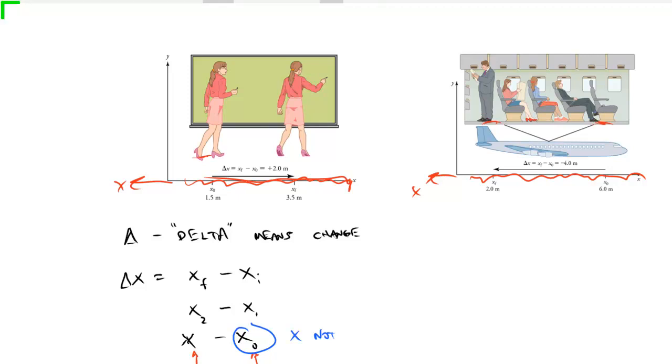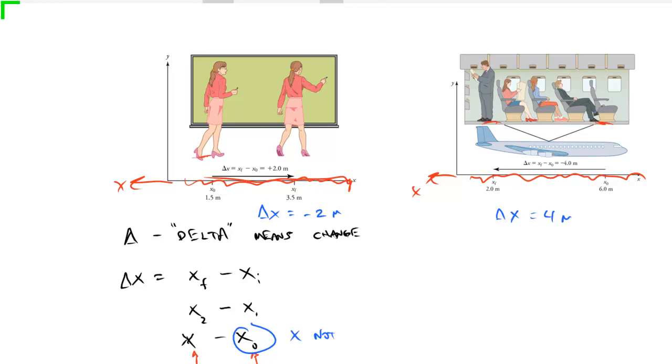So in this case, delta x is equal to negative 2 meters. And in this case, the guy on the airplane, his delta x would have been equal to a positive 4 meters. So it doesn't make any sense to talk about a change in position without a coordinate system.